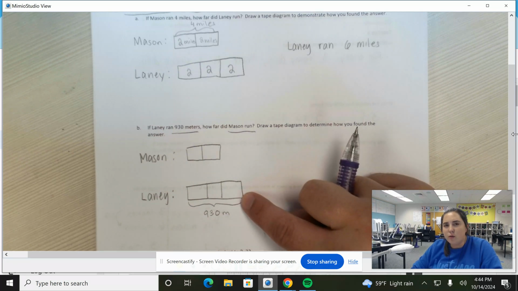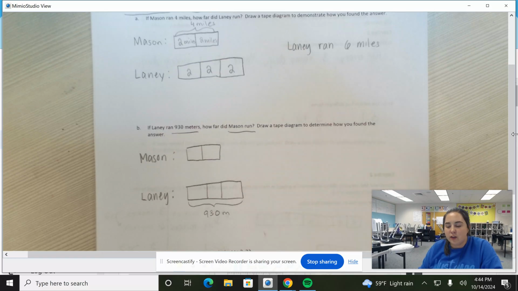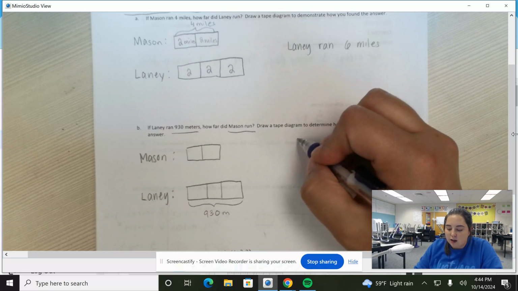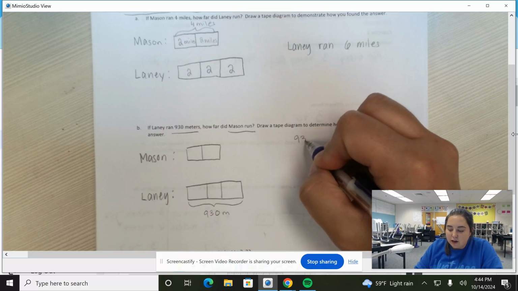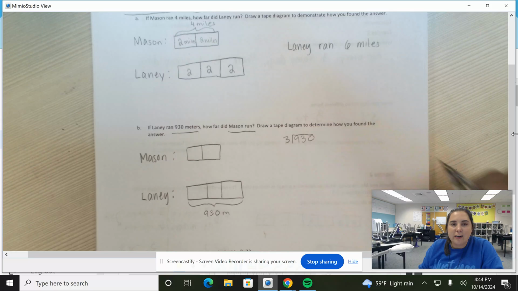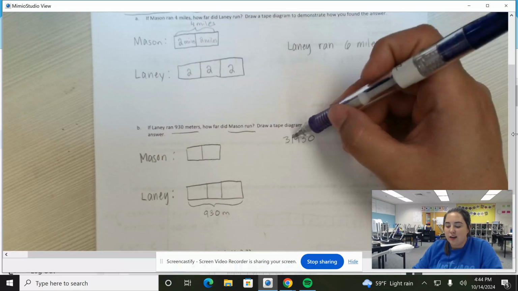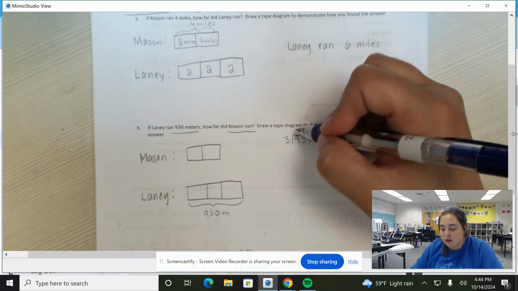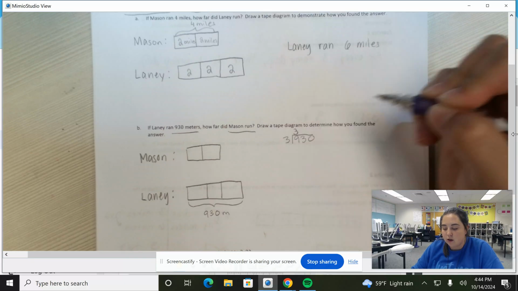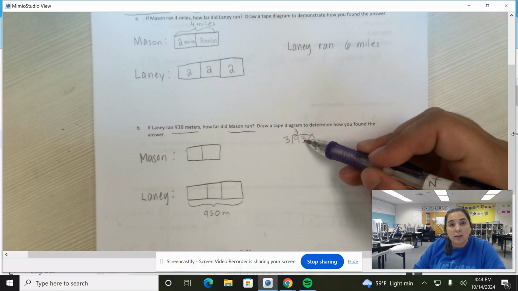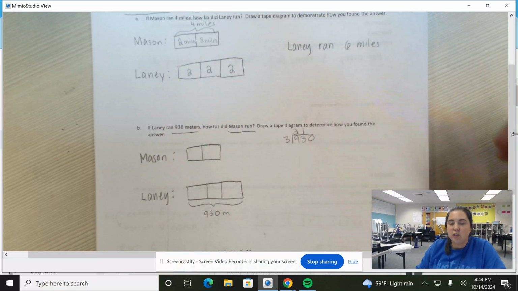Could you figure out what would be in one section? Why don't you pause, see if you can figure that out. All right, if you got stuck, in my head I'm kind of thinking 930 divided into those 3 parts. If I split 9 into 3 parts, I'd have 3 in each part. If I split 3 into 3 parts, I'd have 1 in each part.